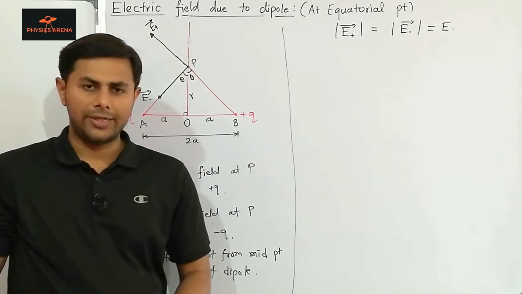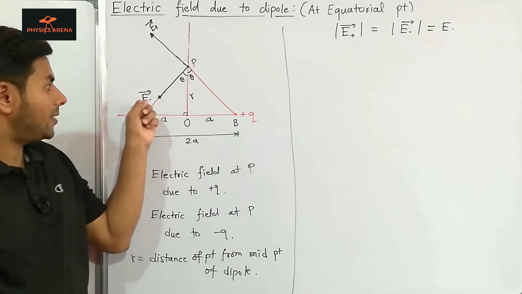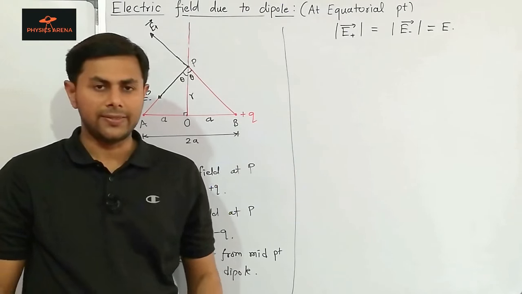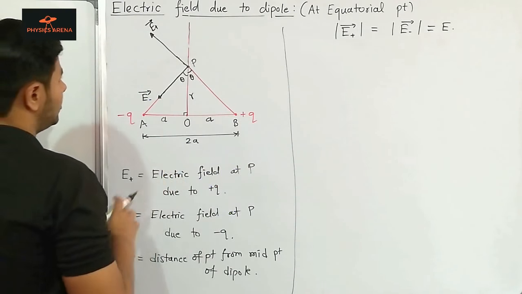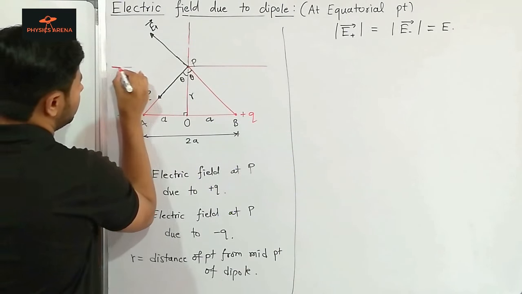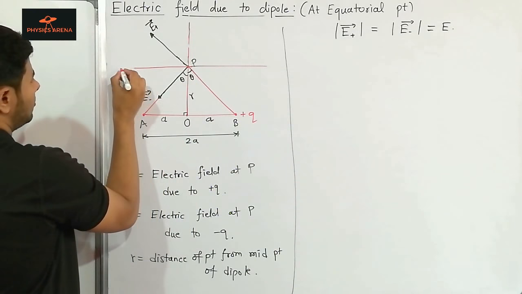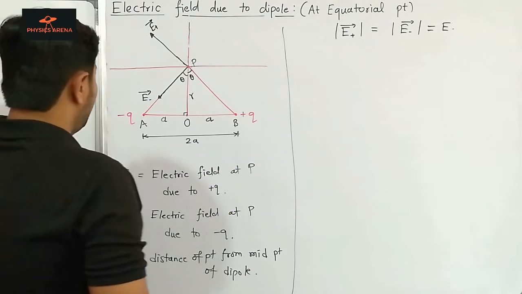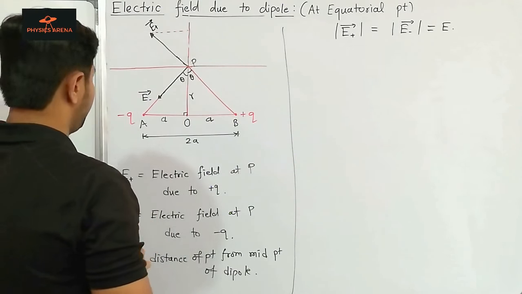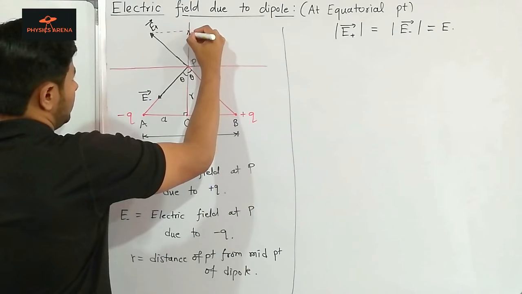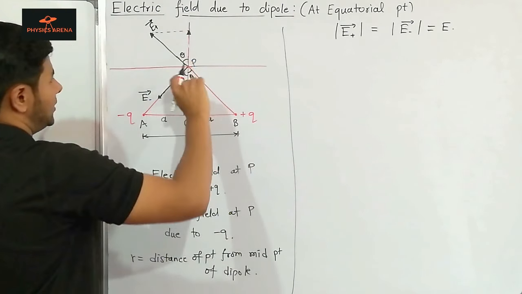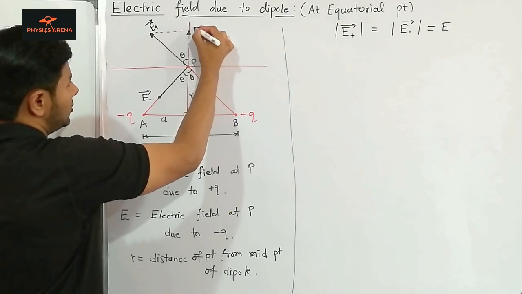Now let us resolve E plus bar and E minus bar along the vertical and horizontal axis. So let me draw the horizontal axis. This component of E plus, because this angle is theta, is the cosine component.